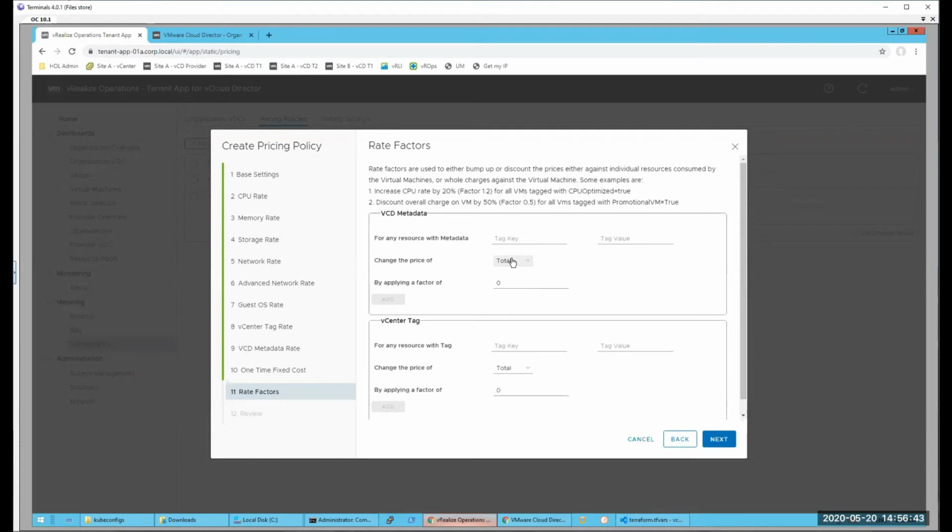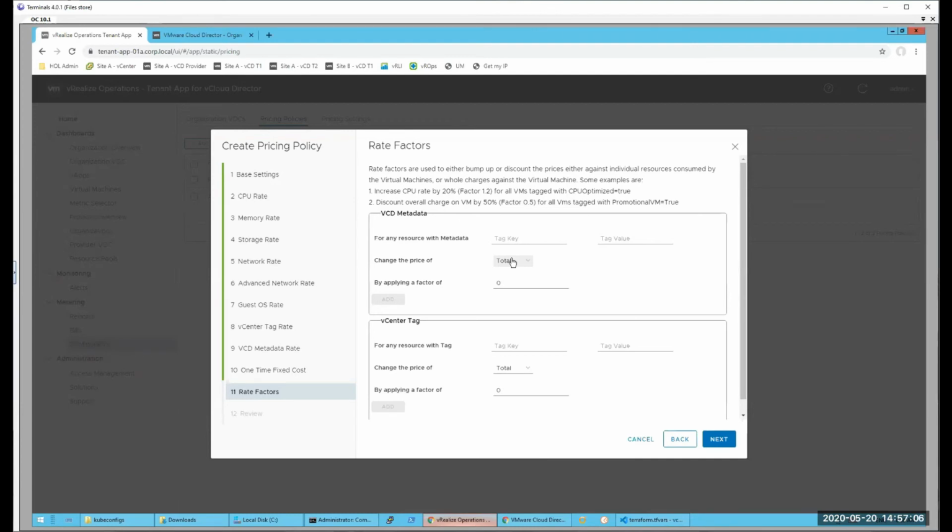Sure, of course. And very interesting examples, right? Some providers wanted to give out VMs for free for the first 3 months. All small VMs are free for the first 3 months. Now, this is a great example of how you can employ your metadata and rate factor together to achieve such a purpose.